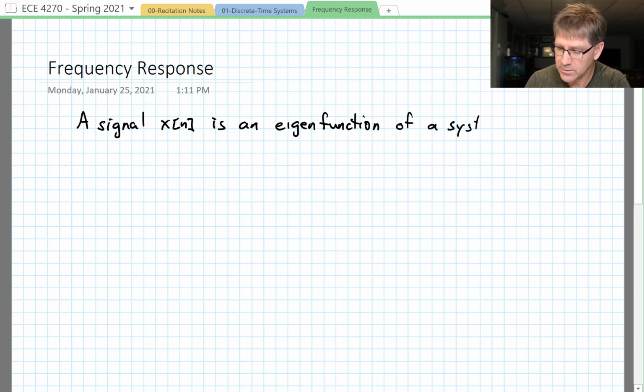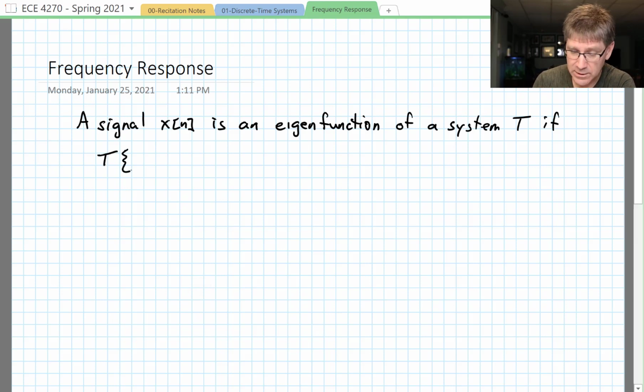It could also be viewed, in this case, as an eigenvector, especially if it consists of discrete values. But since in general it could be infinite in length, it's easier to just talk about it as an eigenfunction of a system.